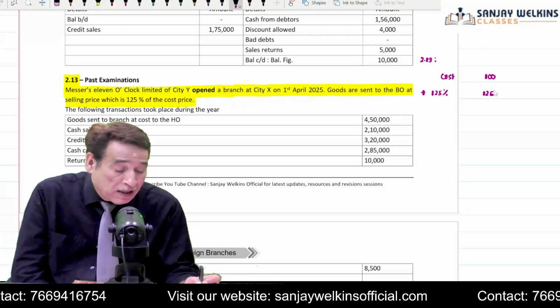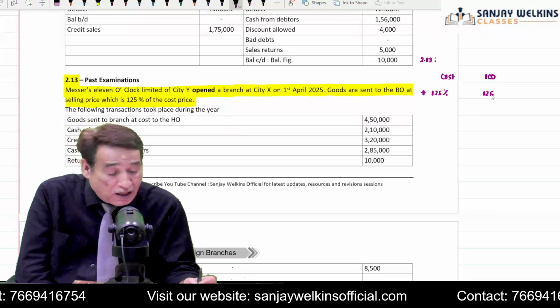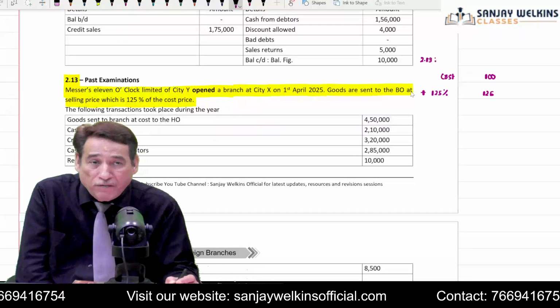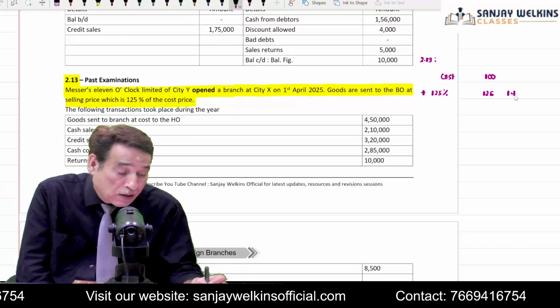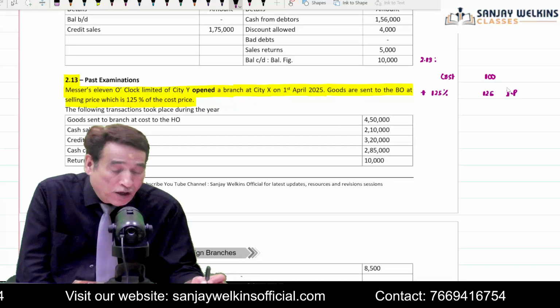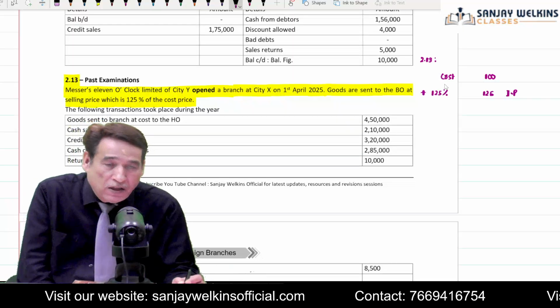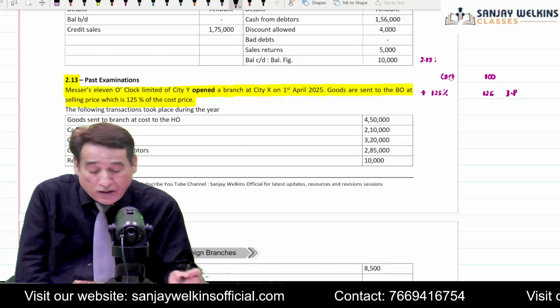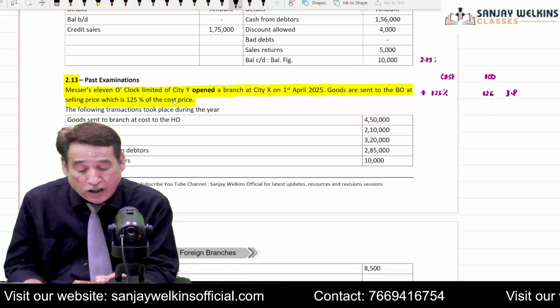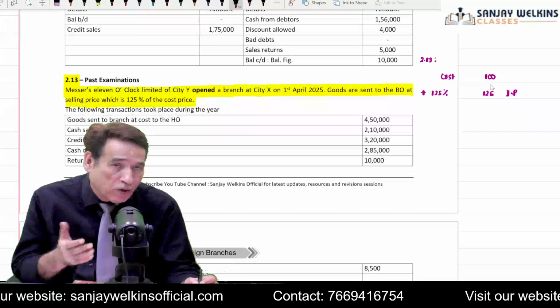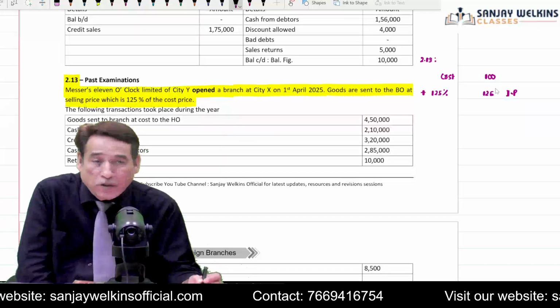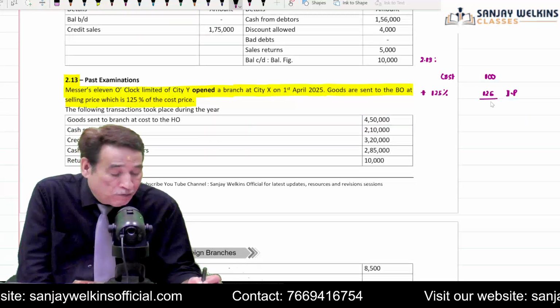So indirectly it means goods are being sent at 125. This is the cost and this is the price at which goods are being sent. That means this is the invoice price. So if the cost price is 100, your invoice price must be 125 and the margin will be 25.